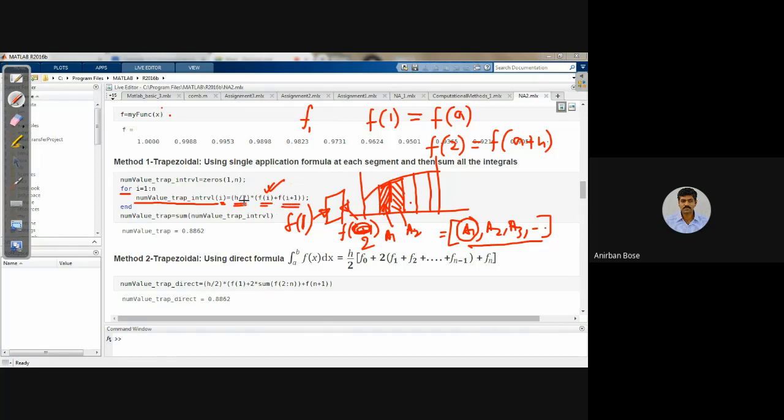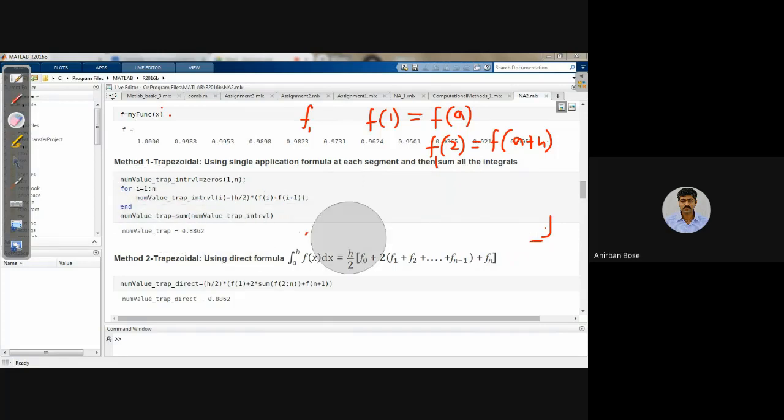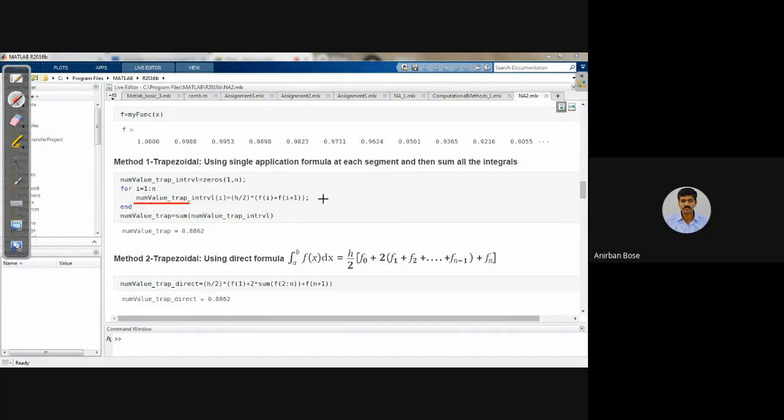This is the formula for how we calculate the area of the trapezium of a single segment. And that is again true when you consider i is equal to 2, when you consider i is equal to 3, and in this way, within this particular variable all the areas will now be stored as elements.